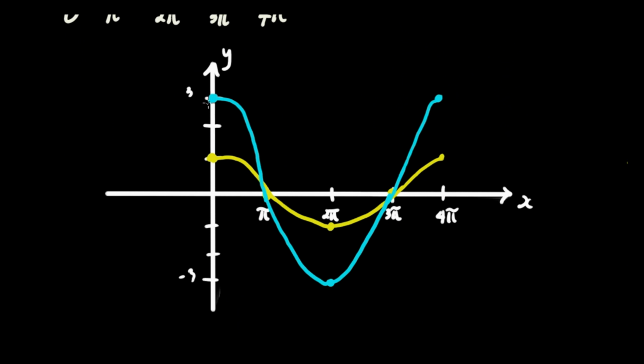Instead of starting with the maximum, mag-start tayo sa minimum. So, mag-start tayo dito. I will make this larger. We'll start here. Then, minimum ka. And then, maximum ka. Instead of minimum, you will go maximum and then downwards. Again, papunta sa negative 3. The last one. So, the graph will look like this one.